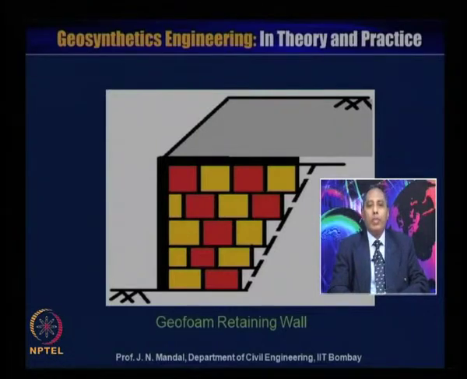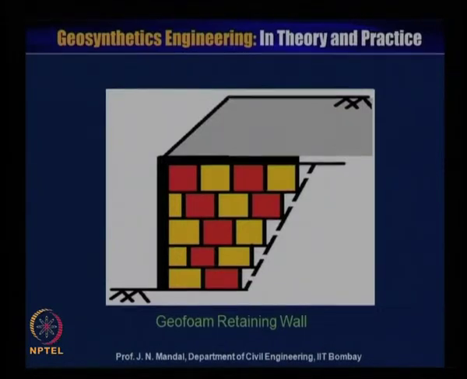So we observe that it can be used for the construction of embankment on subsoil, where the stress can be minimized, and also in the case of the retaining wall, the lateral pressure can be reduced drastically.